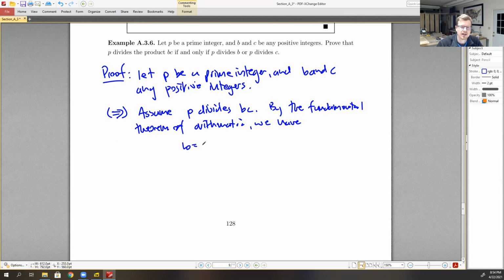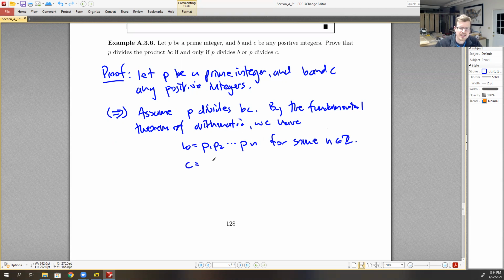So B we can write as P1 times P2 times P3 all the way up to times Pn for some n, for some integer n.